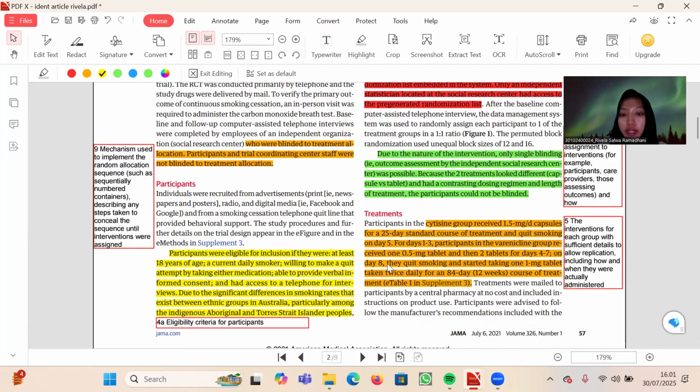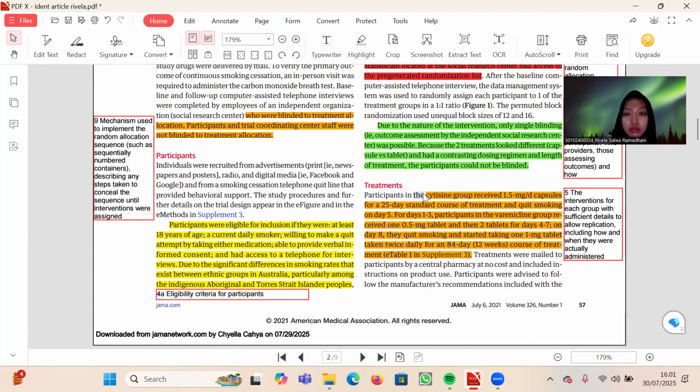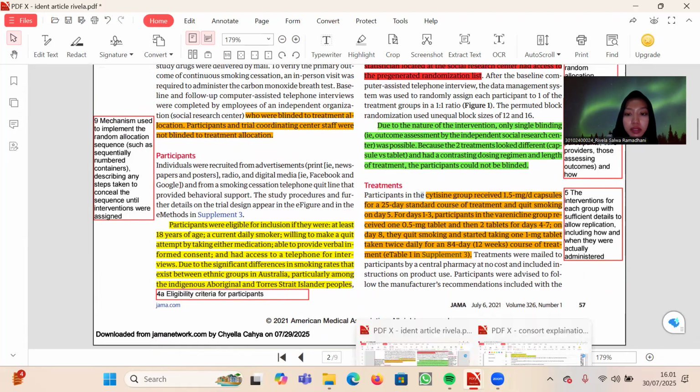On day 8, they quit smoking and started taking one tablet twice daily for an 84-day or 12-week course of treatment, as shown in Table 1 in the supplement. This is item 5, the intervention.